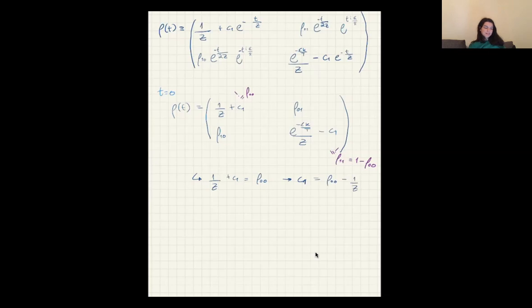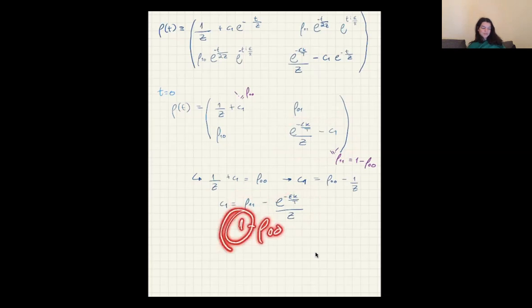So you could do the same analysis with this term instead. And you can see that you can also write C1 as rho 1, 1 minus e to minus k t over z. And this is true because you can replace rho 1, 1 with 1 minus rho 0, 0.